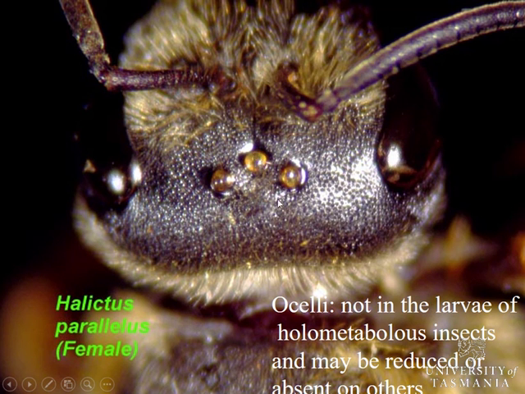Now these ocelli are not present in the larvae of holometabolous insects, but they may be reduced or absent on others. But they are on adults of a lot of species and hemimetabolous nymphs as well, if they do have ocelli. And the function of ocelli has been something of a debate for quite a period of time, and they're known not to have great visual acuity, so perceptions of light and dark are one of those things.